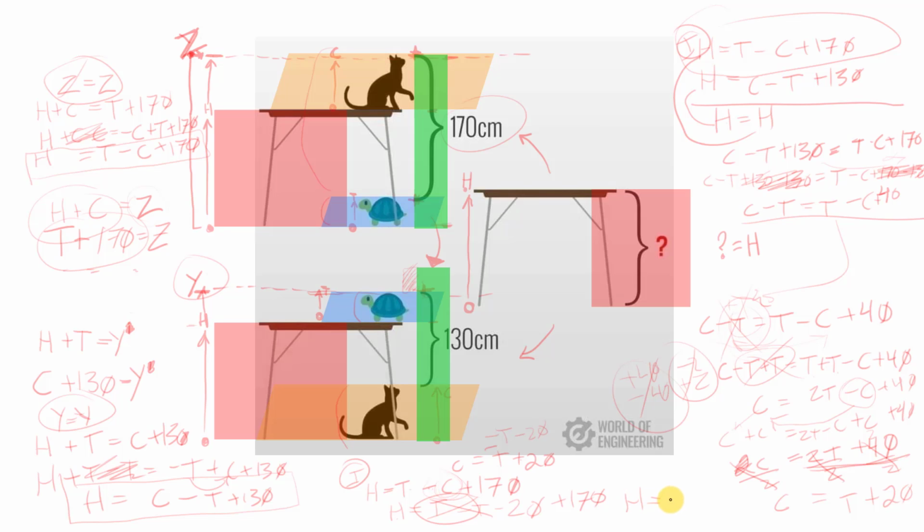H equals minus 20 plus 170. Of course, if you go from minus 20 that direction, you get to 0, plus 20, plus 170 is 150. So if that was a 0 point, and we took the 170 and slid it back, there would be a 20 on this side, 150 on this side. So h equals 150. It's a long way to do it, but this is the height of that table.